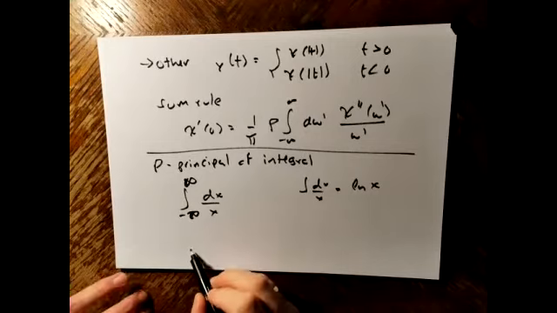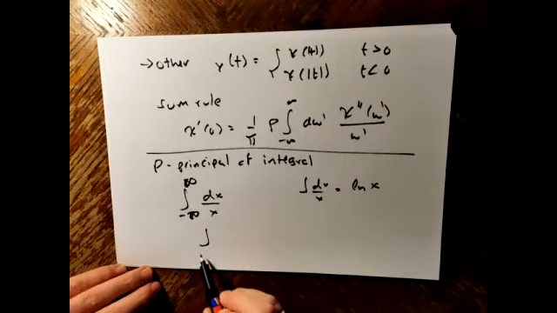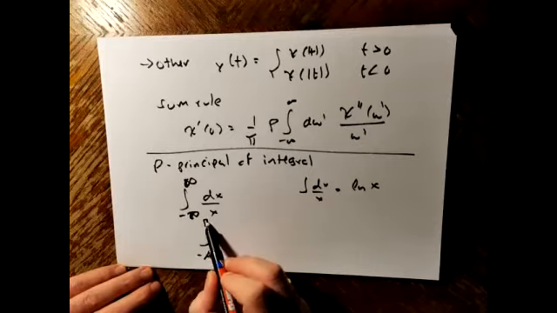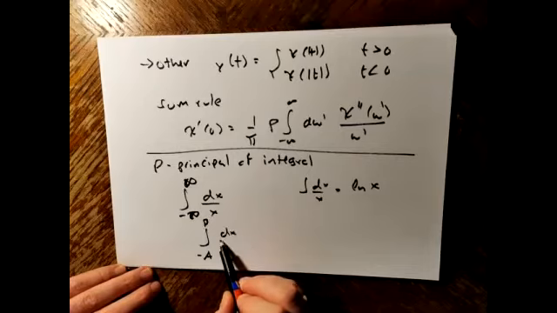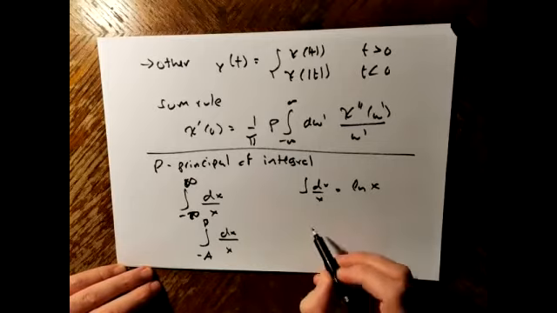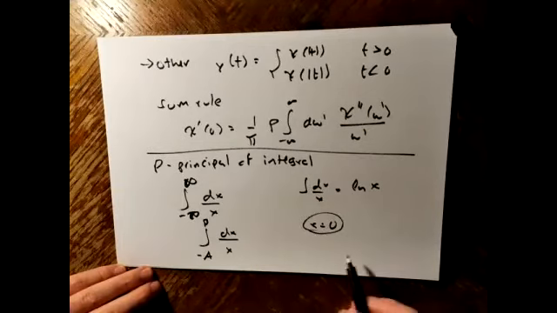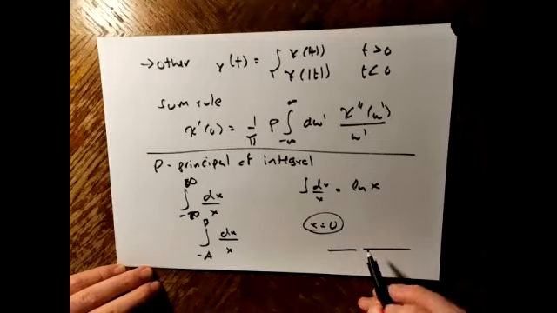Let's do the following. I integrate from minus a to b, dx over x. Well, there's a singularity, and that singularity obviously is at x equals 0. When you do a contour integral, for example, what you want is to exclude that singularity. So let's say here's x equals 0.